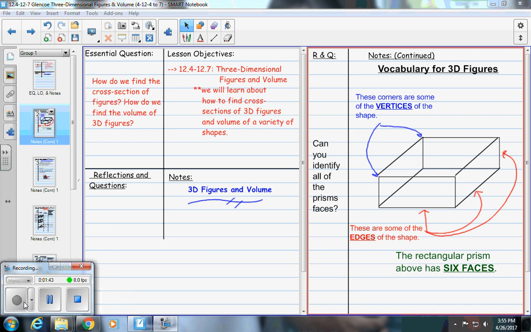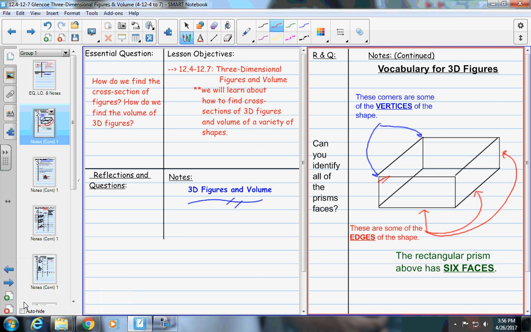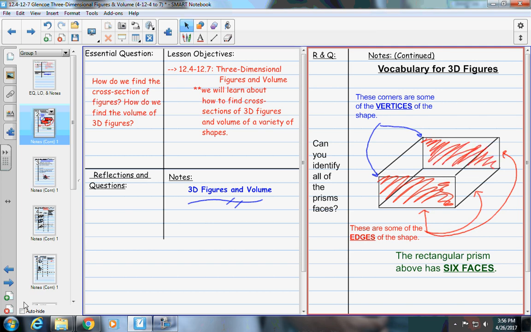And I'd love it if you could try to identify all of the faces of this prism. What I want you to start to realize is you have this front face, which is identical to its parallel face. So these two red faces are the same. Okay, so we have those two faces.